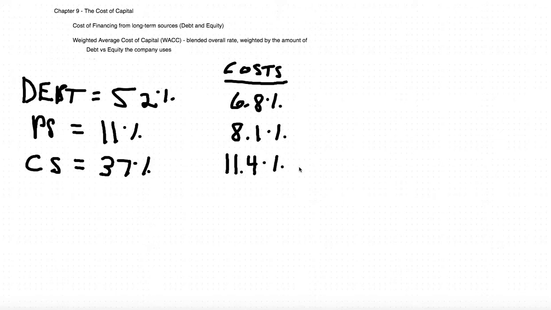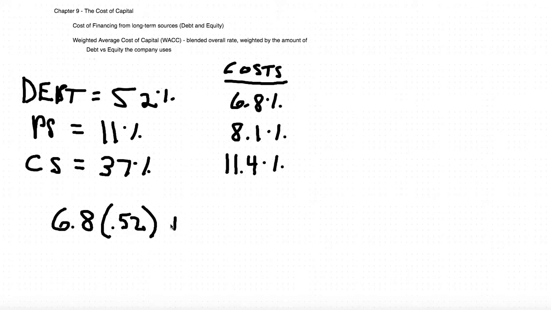So what we want to do in order to determine what our weighted average cost of capital is just some fairly simple algebra. So we're going to take the individual costs and then multiply them by their weights. So 6.8% is our cost of debt. That makes up 52%, so 0.52 of our capital structure.